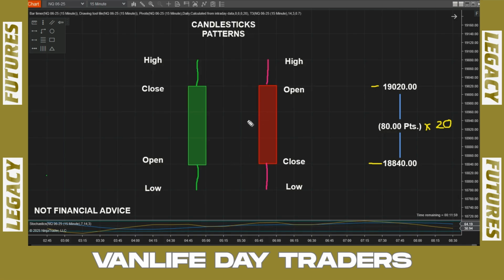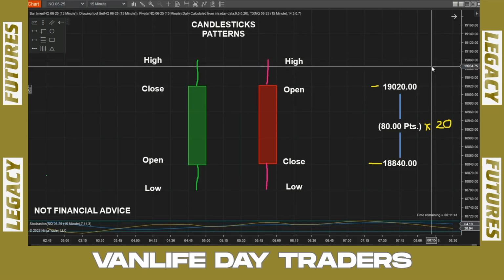So this is a candlestick. It's a pretty simple concept. Green candle, the market ended up higher during that time frame, 15 minutes in this case. And red candle, the market ended up lower in that time period that we are looking at.